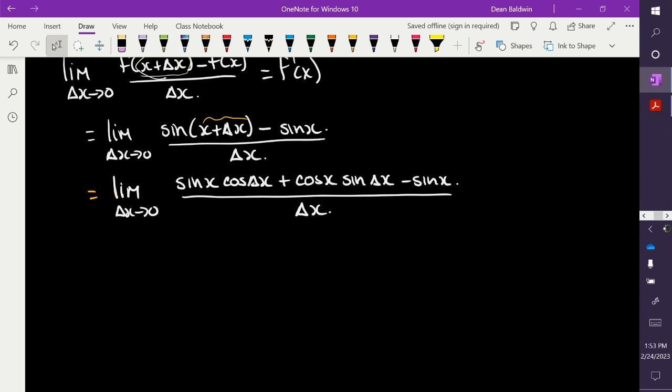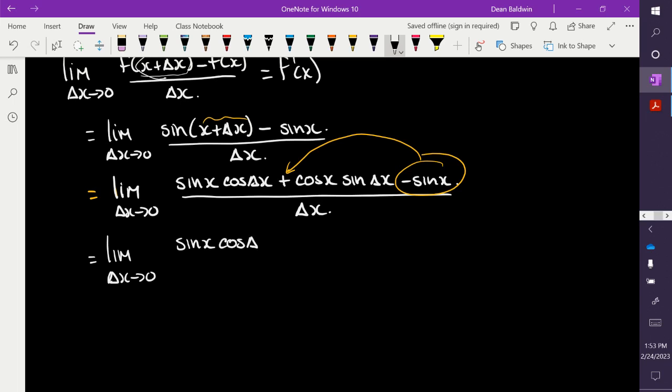Okay. I'm going to manipulate this. The top of it, I'm just going to move this sign here to this position here. Okay?